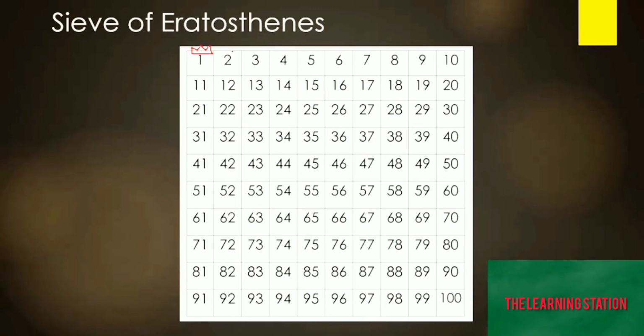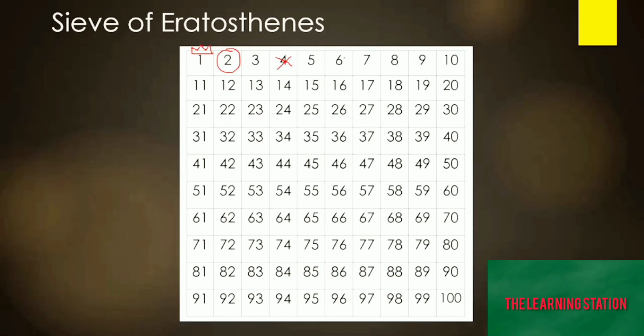Now let us circle 2. 2 comes only in the table of 1 and 2. So that is why 2 becomes a prime number. Now after this, read all the numbers and put a cross over all the numbers which come in the table of 2.